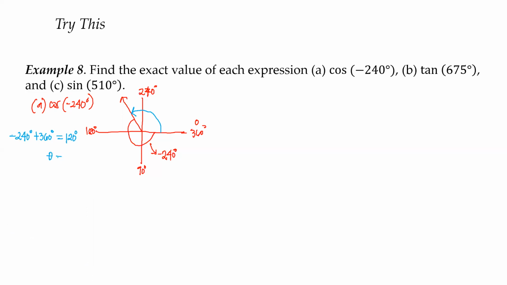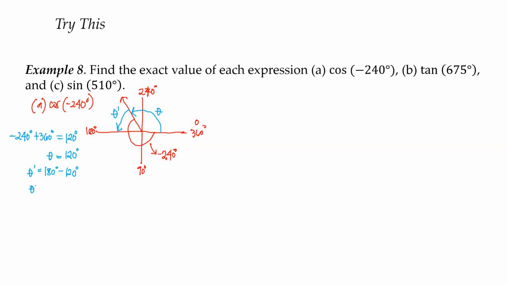So theta now is equal to 120 degrees. And since 120 is more than 90 but less than 180, theta prime, which is from here until here, this is our theta, is equal to 180 degrees minus 120 degrees.